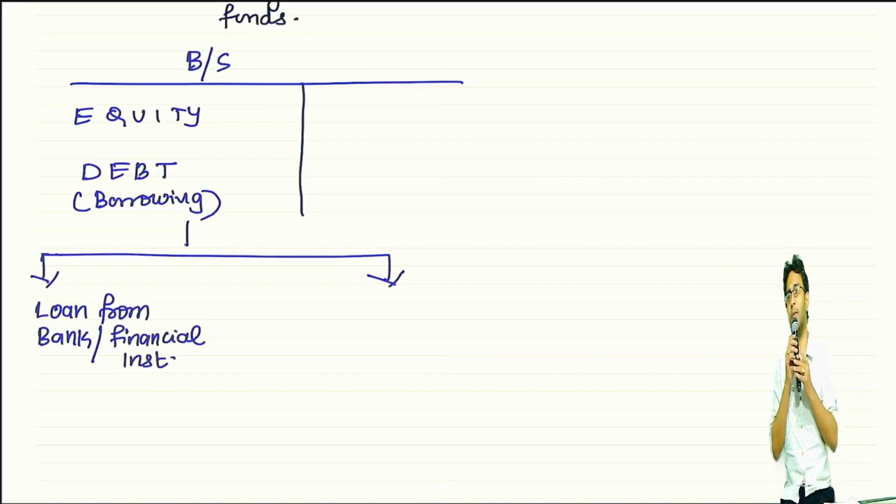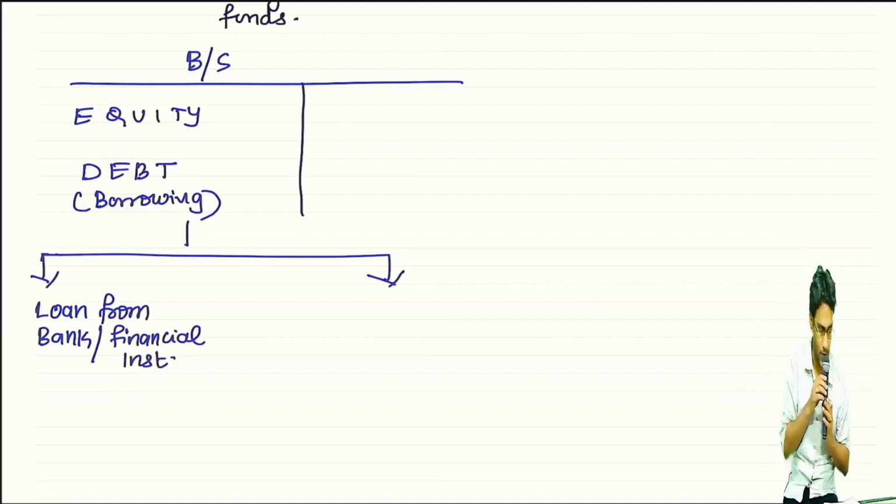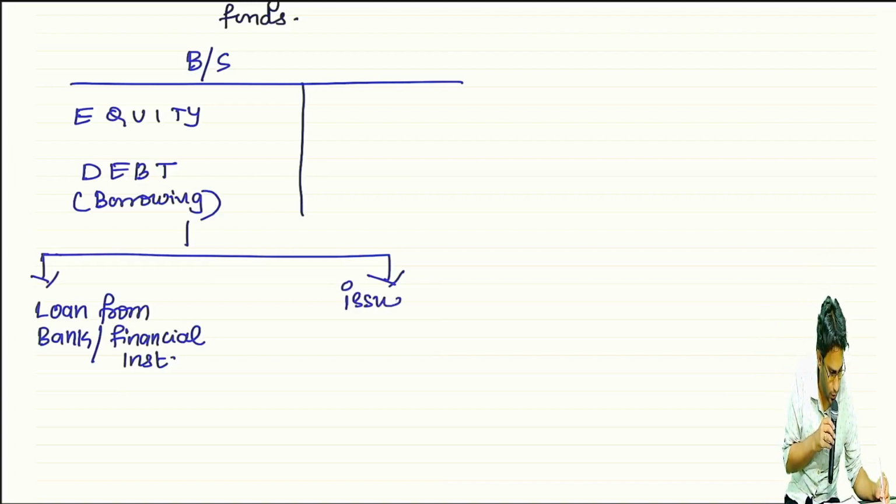Raise a lump sum of money from a bank and go on paying interest till the life of the loan. After 5 years, 10 years, 15 years, 20 years, or whatever period of loan you have taken, you repay the principal amount. This is one way, sir. There is another way, that is to issue debt securities or debt instruments to investors.